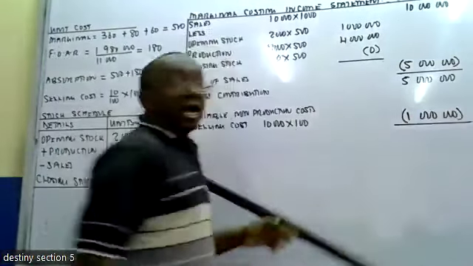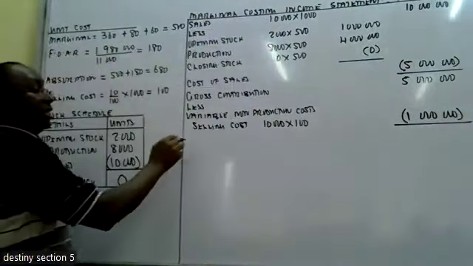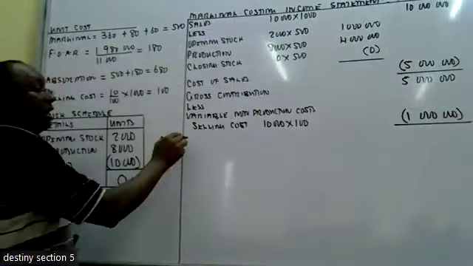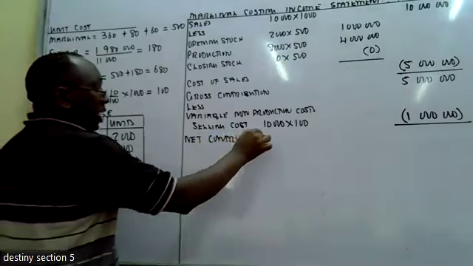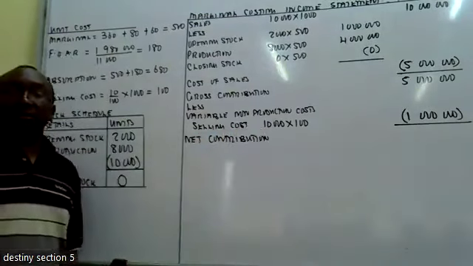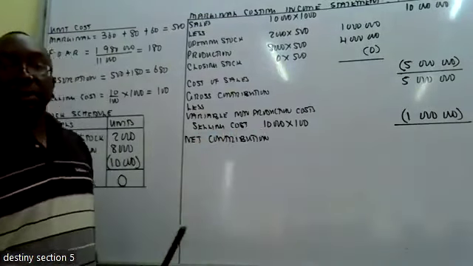So when you less that, you now get our figure called what? Net contribution. Get a figure known as net contribution. That net contribution will be 4 million.